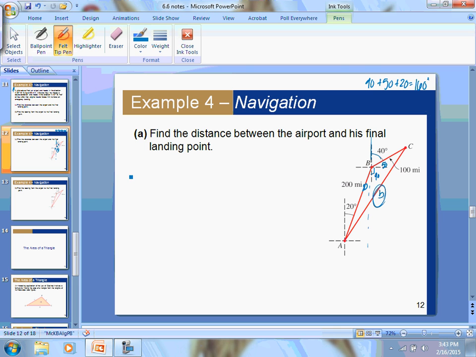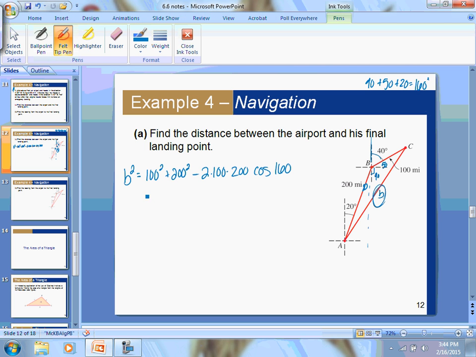I'm going to be finding side B here, so I'm going to use that equation where it's b squared. So my side is 100, and my other side was 200. So I'll have 100 squared plus 200 squared minus 2 times 100 times 200 times the cosine of my angle, which is 160 we found.